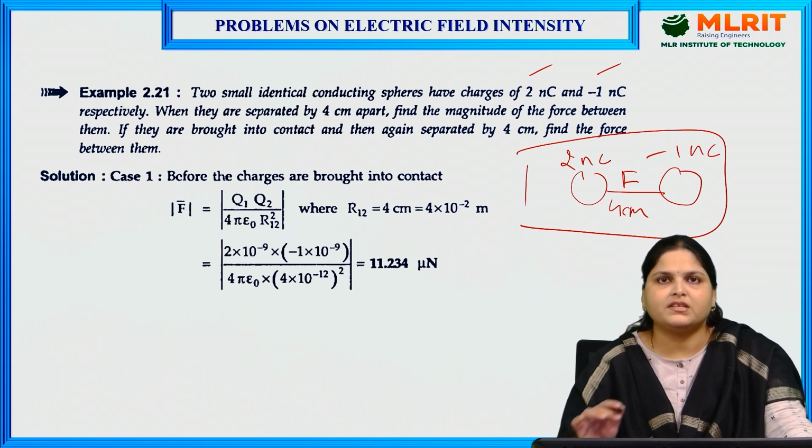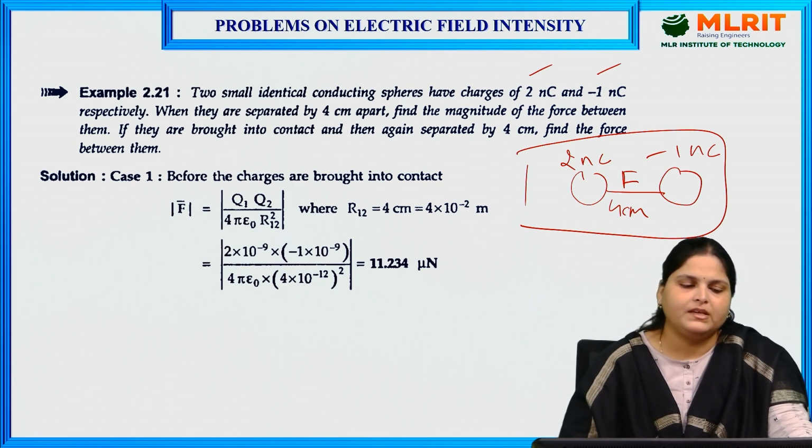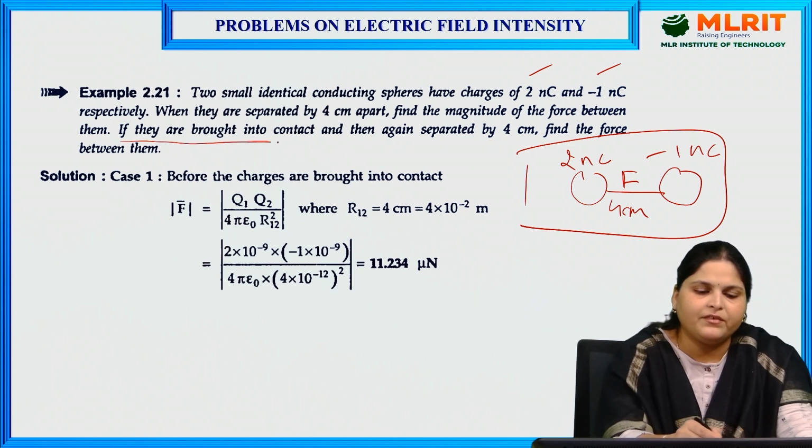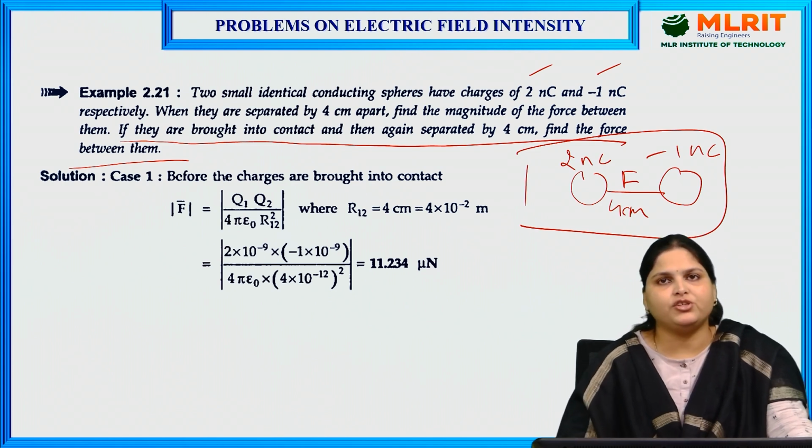This is the first part of this question. Second part is given as, if they are brought into contact and then again separated by 4 centimeter, then in that condition we have to find out force.